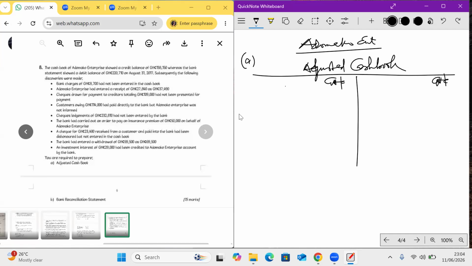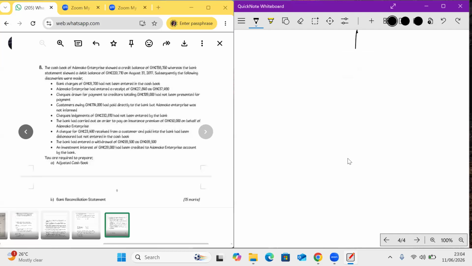Then you leave some space and write B, bank reconciliation statement. They can all fit on the same page.